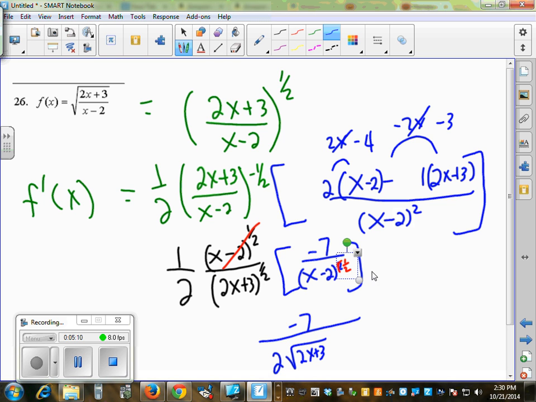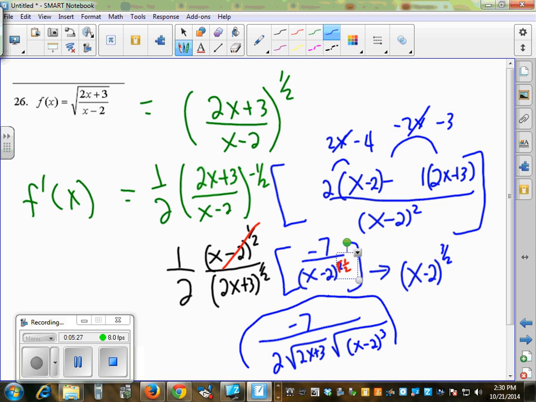And then this is x to the 3 half power. You could leave it like that and get it correct, or you could also go ahead and do a square root, x minus 2 to the third power. If this were a multiple choice question, you would just get them to match whichever choice they had.